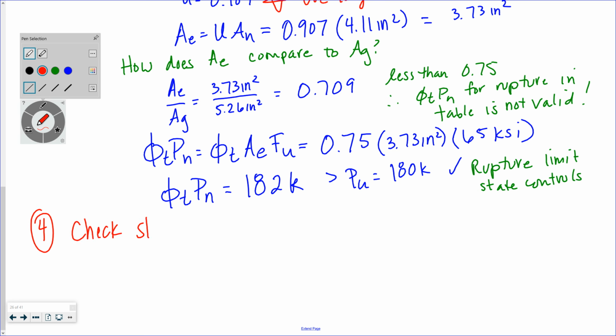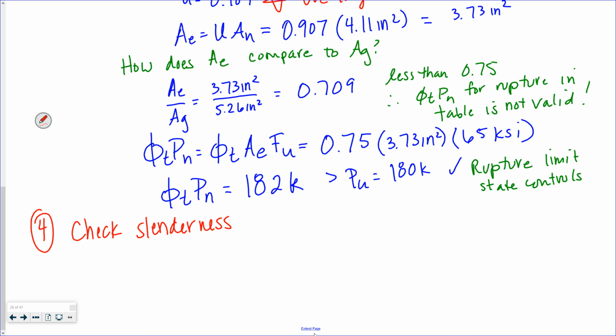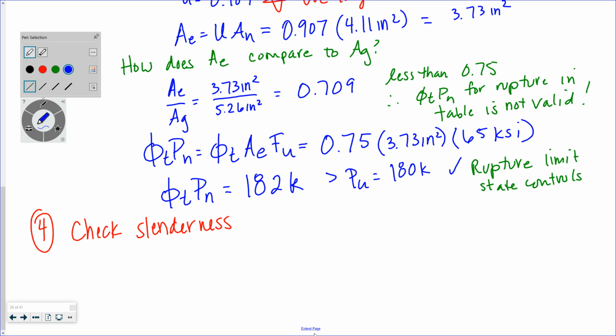So my last thing that they wanted me to do was check, let's check our slenderness. According to D1, we want our L over R to be less than 300.